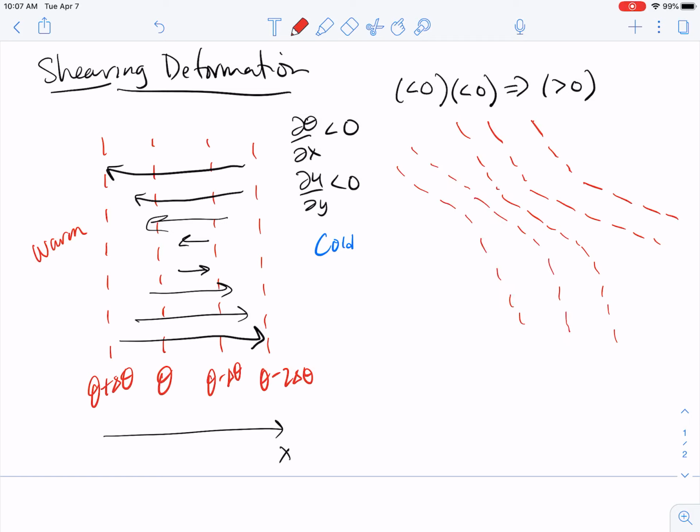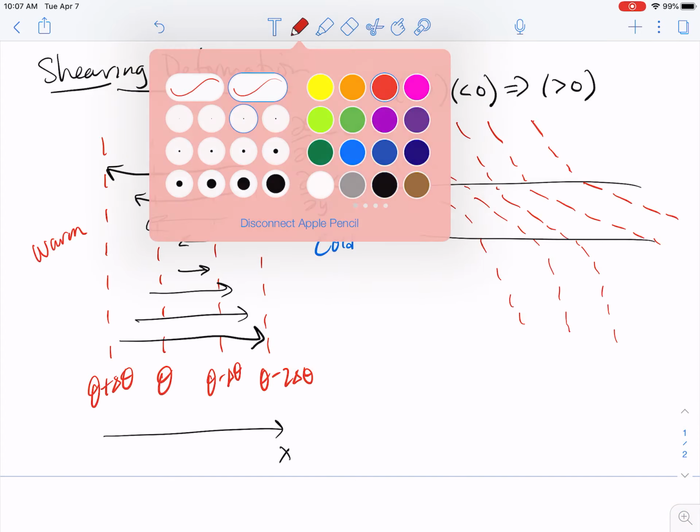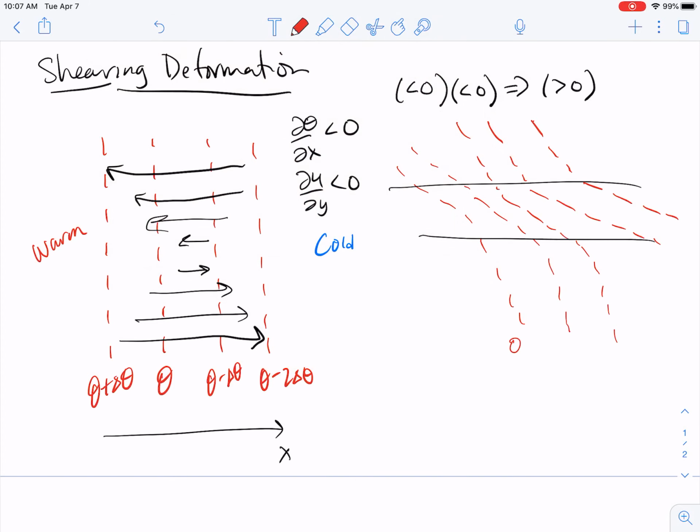Such that if we kind of draw this zone here, we've created stronger temperature gradient right in that zone. And again here, this is now our theta plus delta theta, our theta minus delta theta. And so we can see we've now generated in our y direction some amount of temperature gradient.